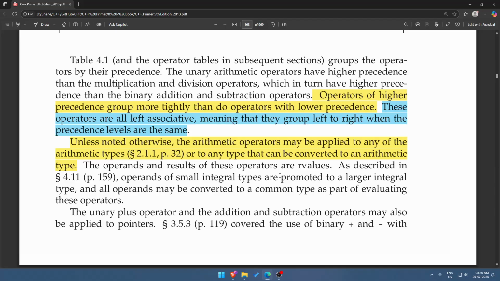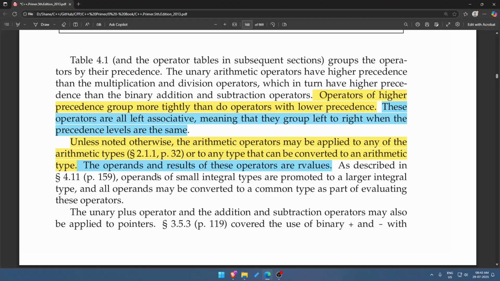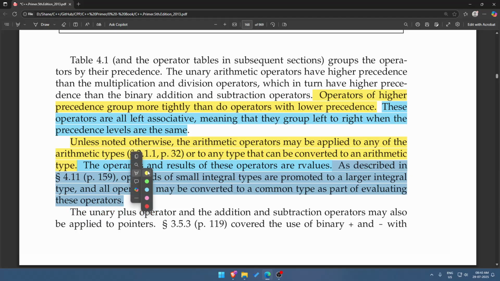Operands of small integral types are promoted. Of course, when an expression is evaluated, it will give an R value. Operands of small integral types are promoted to larger integral types, and all operands may be converted to a common type as part of evaluating the operator.